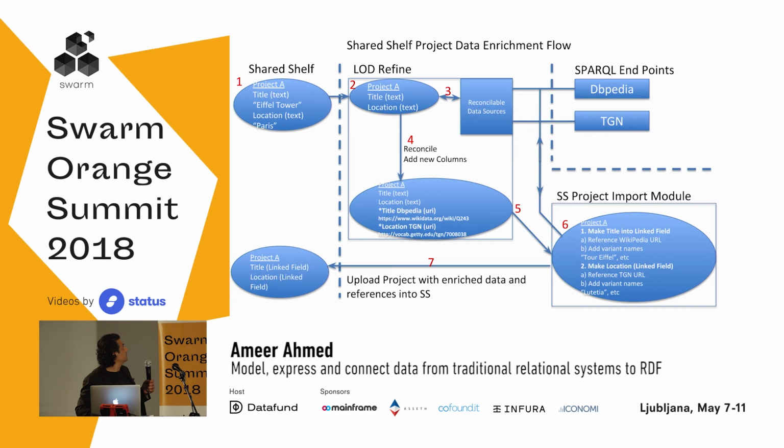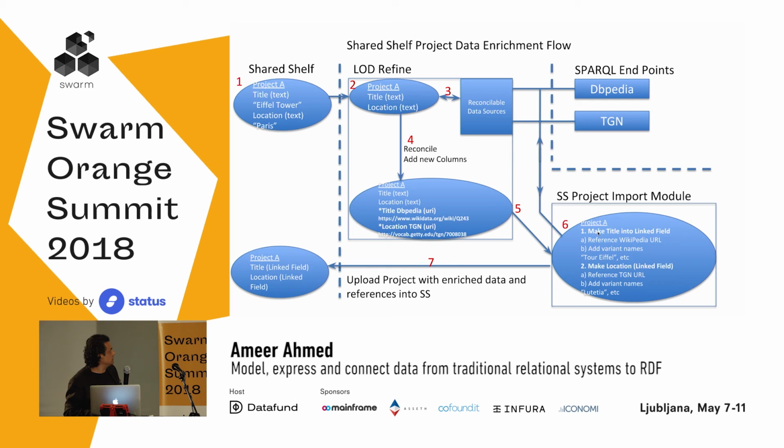So we take that data and we define a particular data source. In this case it was DBpedia and the thesaurus for geographic names. Once you reconcile, you can see it picks up a match to that resource, and then we go back to that resource and get additional information.